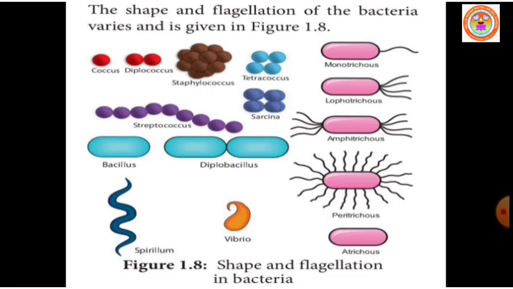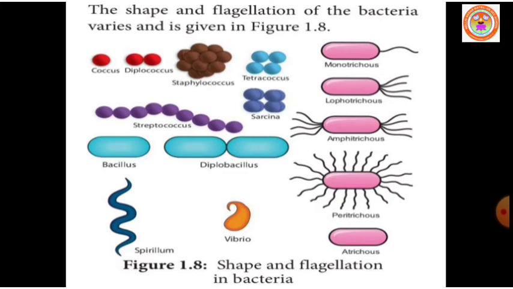Bacillus means little rods in Latin. Bacillus bacteria may be grouped together like cocci: diplobacillus, streptobacillus, as we used to say. They are rod-shaped bacteria.